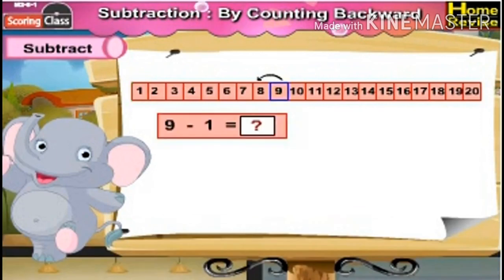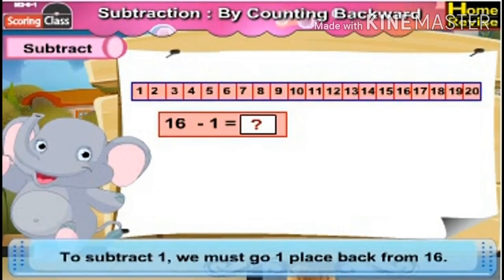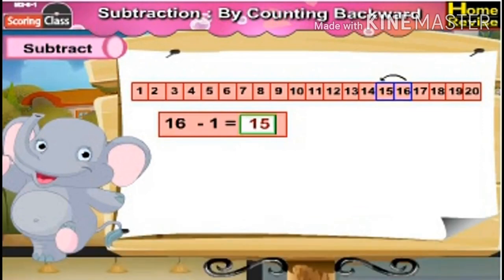So 9 minus 1 would be 8. Now 16 minus 1. Again children, to subtract 1, we must go 1 place back from 16. So we get 16 minus 1, that is 15.